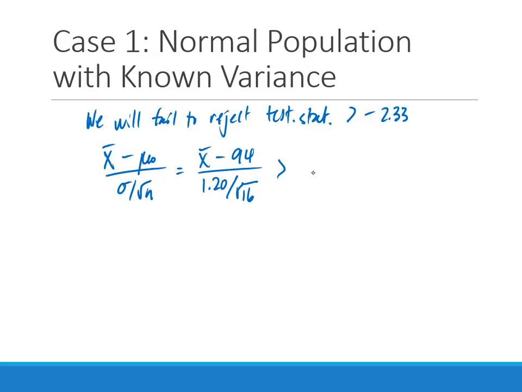So we'll reject when this thing is bigger than negative 2.33. Okay, so again, we can solve through for this, and that means we'll reject if and only if the x bar is bigger than negative 2.33 times 1.20 over the square root of 16.